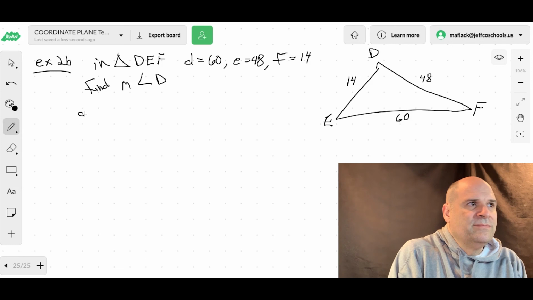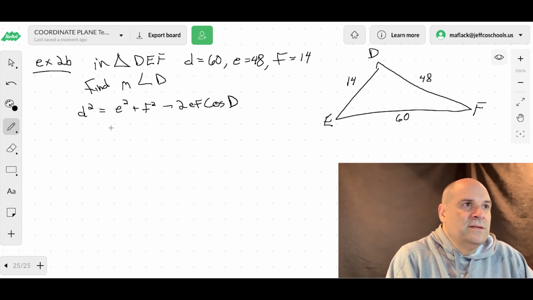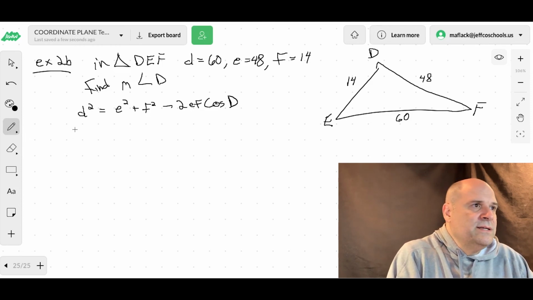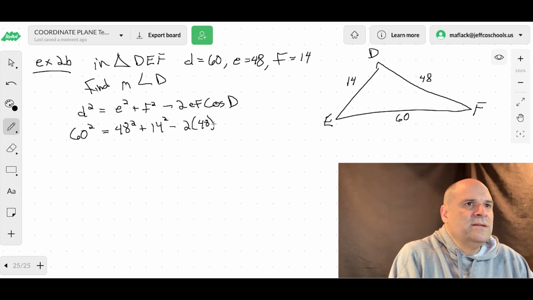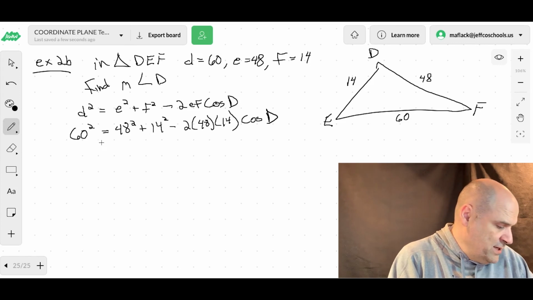D squared equals E squared plus F squared minus 2EF times the cosine of D. Remember, these two guys correspond, and these are the leftovers. So let's do it. D is 60, so 60 squared equals 48 squared plus 14 squared minus 2 times 48 times 14 times the cosine of D. You clean all this up, then divide, and here's what you end up with.